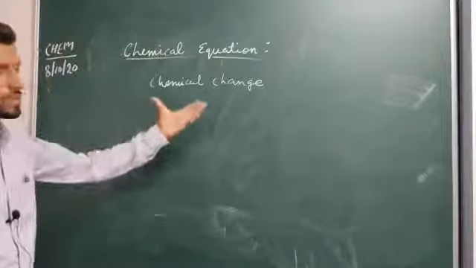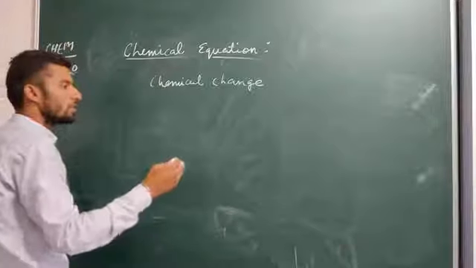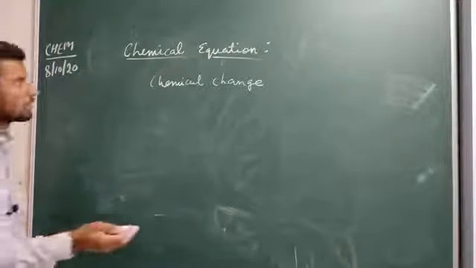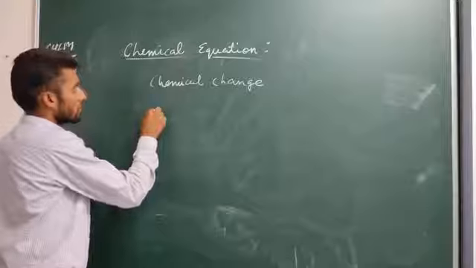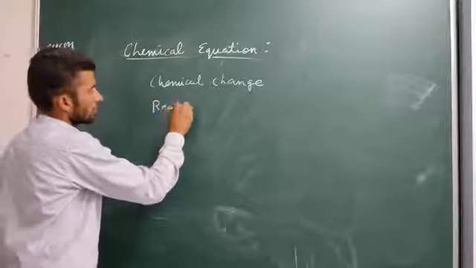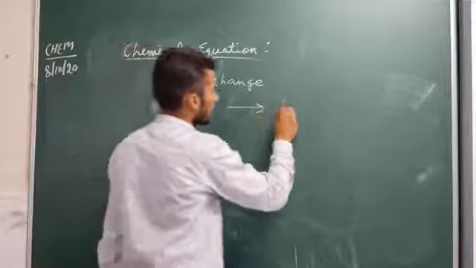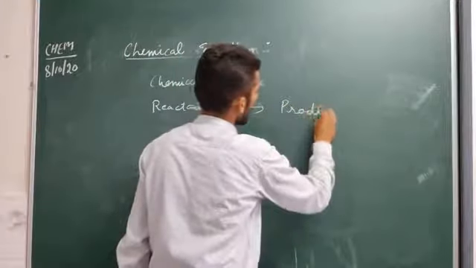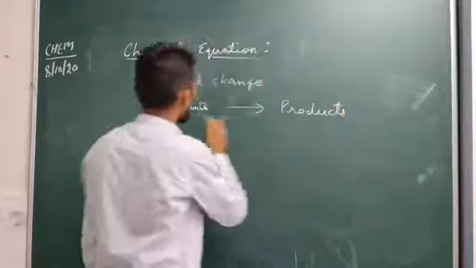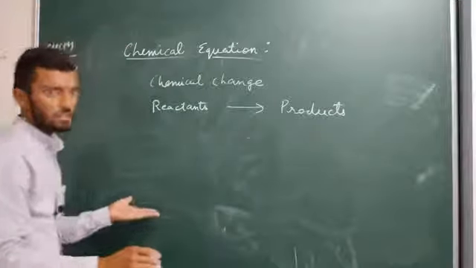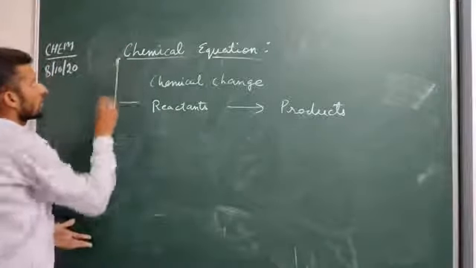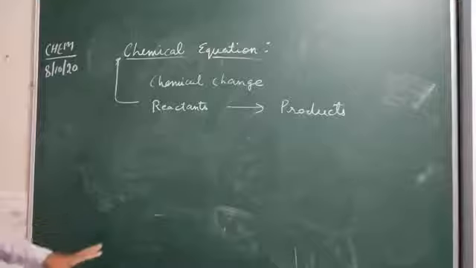The type of change or a process which involves the formation of new substances. So the substances from which we start are known as reactants, and those which are formed are known as products. Products and reactants representation, that is shown by the equation that is known as a chemical equation.